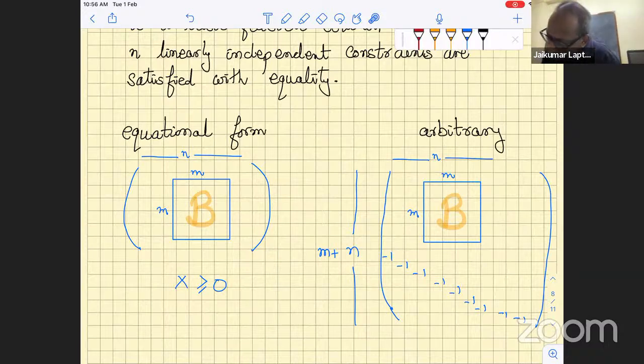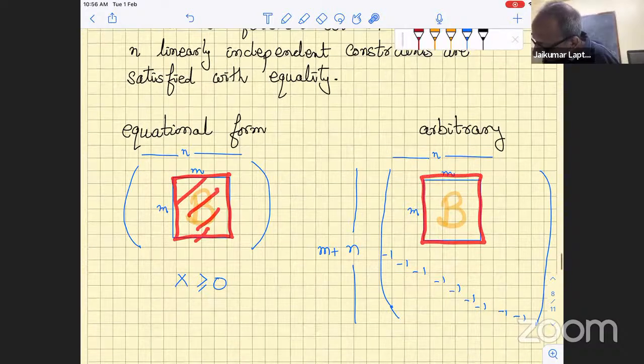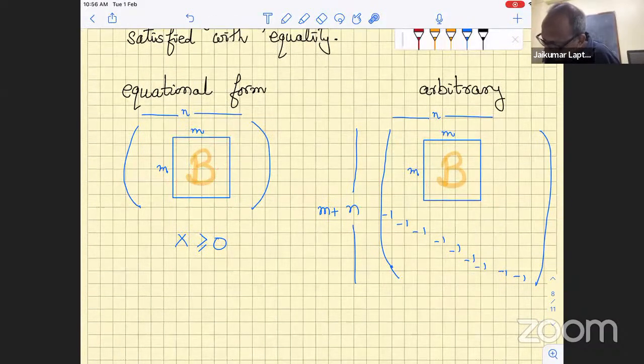The point is that if you have a basic feasible solution according to our original definition here, there was this matrix B here. In the new setup, these inequalities will also be written as minus x1 less than or equal to 0, minus x2 less than or equal to 0, and so on.